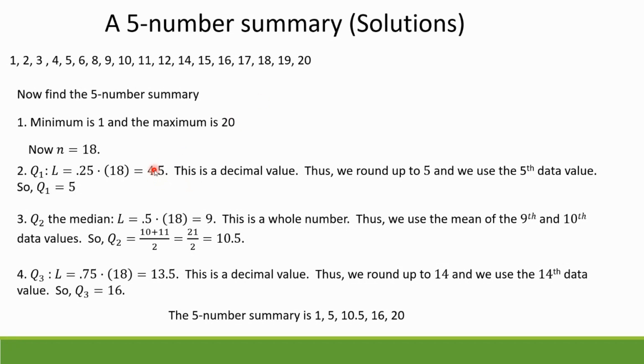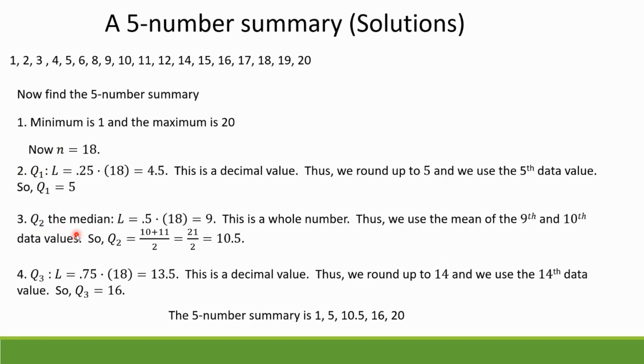Even if this was 4.2 or 4.1, you would still round up to 5 for this procedure. That tells us the 5th data value is the first quartile. So we have the 5th data value, 1, 2, 3, 4, 5. So we get 5. Q1 is 5.